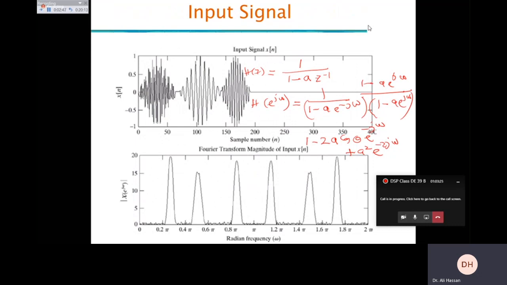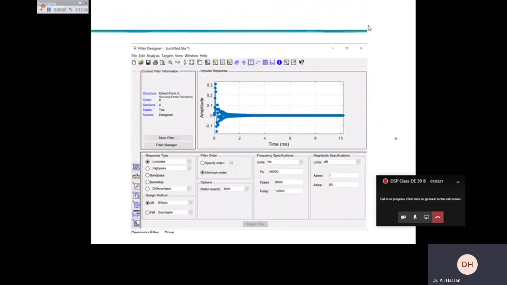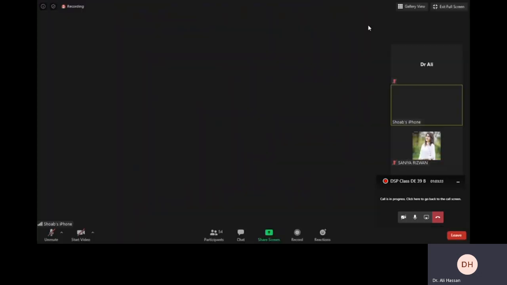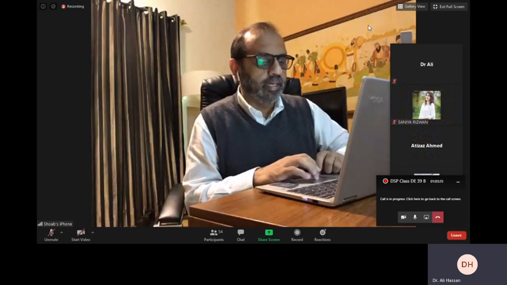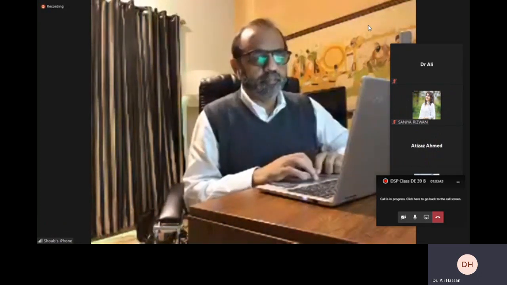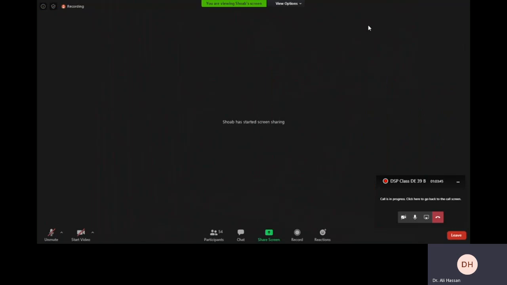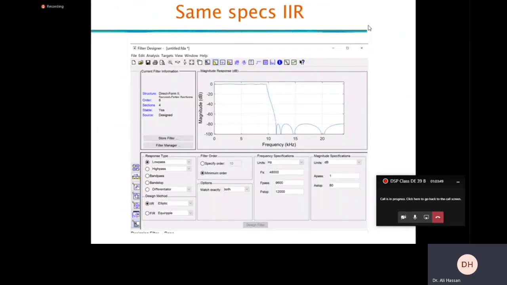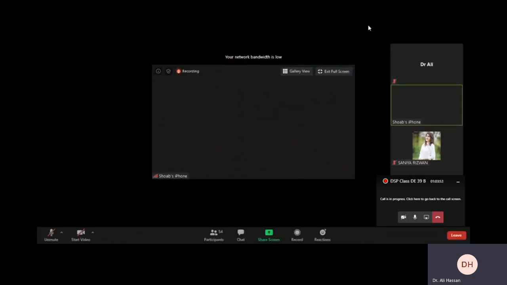So the issue with IIR filters is that once you design them, let's design the same filter using the MATLAB toolbox.